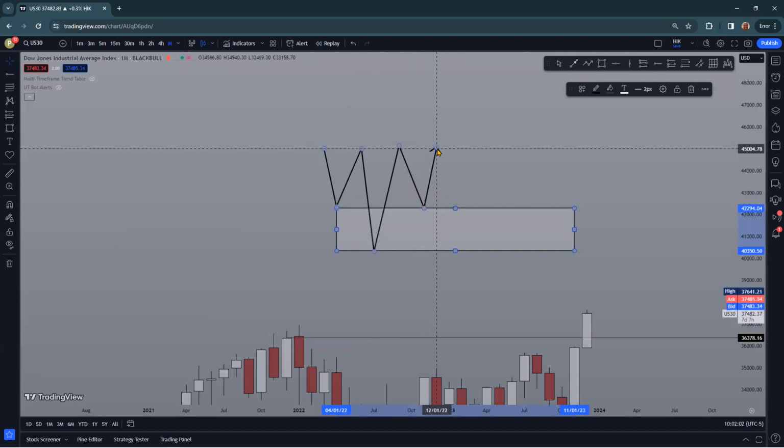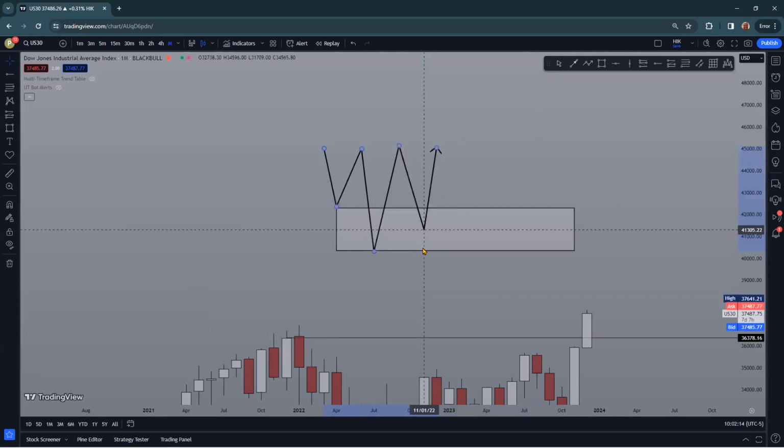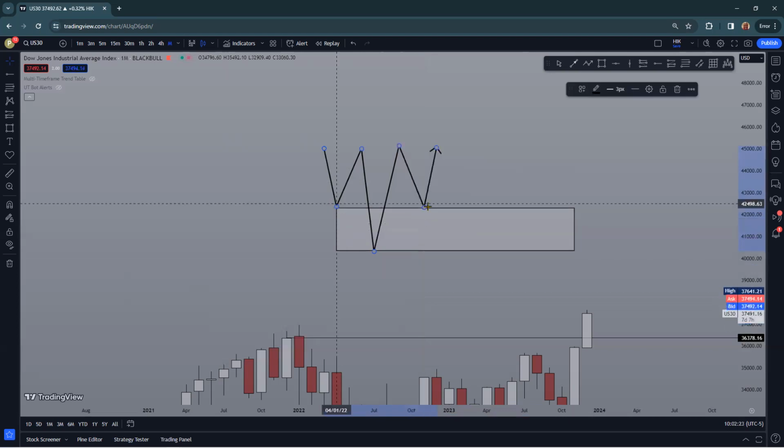Okay. All right. So you have to be patient because it takes time to develop, but this is what you're looking for. Now, if it violates and continues to go like this, then you don't have an inverted head and shoulders. You just don't want to trade that. So you want to wait for the retouch of the neckline to take your trade going upward.